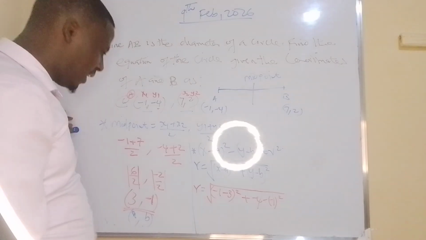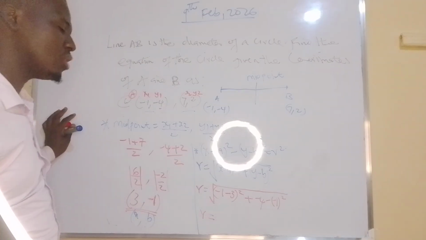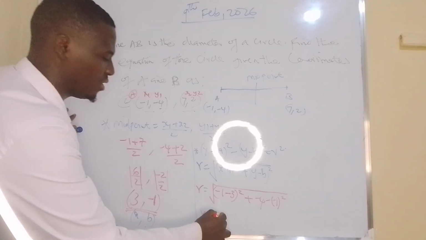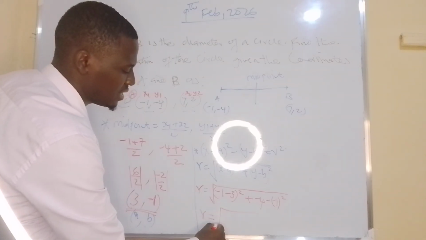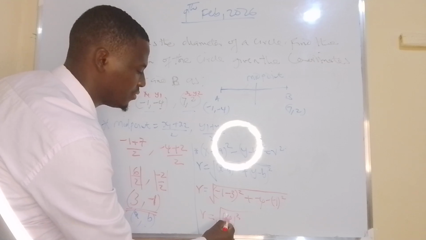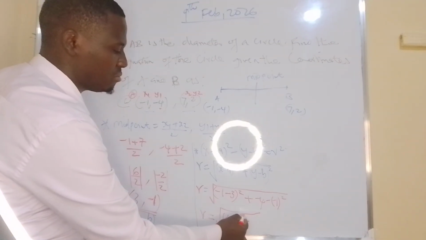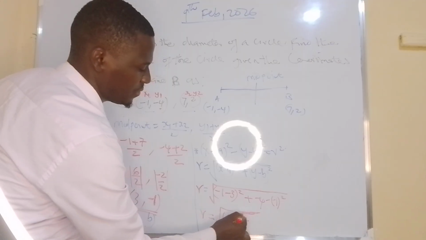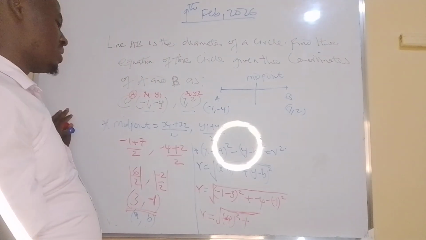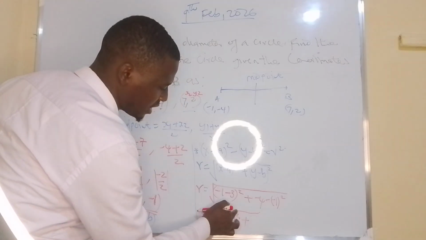Let's get the answer quickly. Our radius will be equal to the square root of: -1 minus 3 gives you -4, so -4 squared, plus the other one, -4 minus -1.